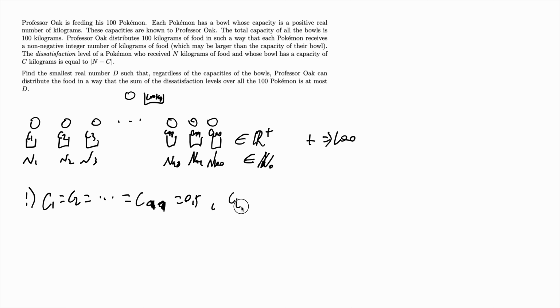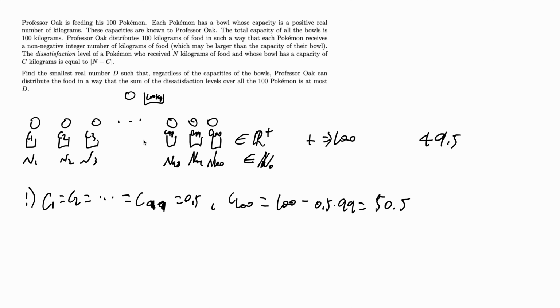Then 100 minus 0.5 times 99 equals 49.5, right? I think so, so we have 50.5.